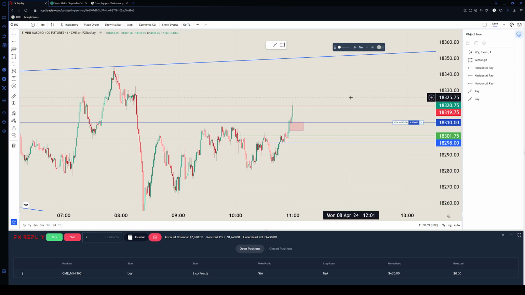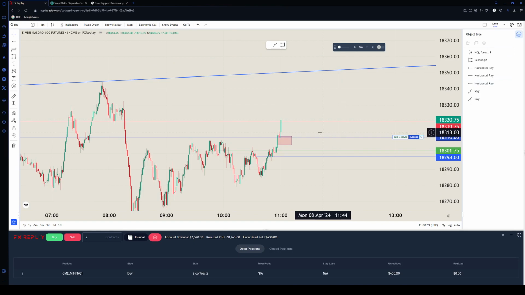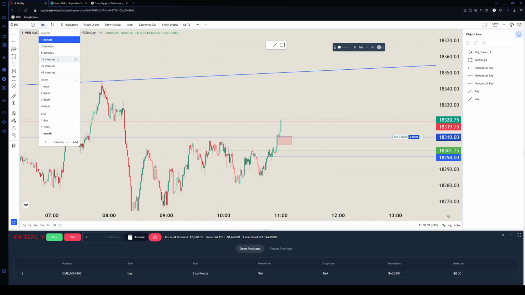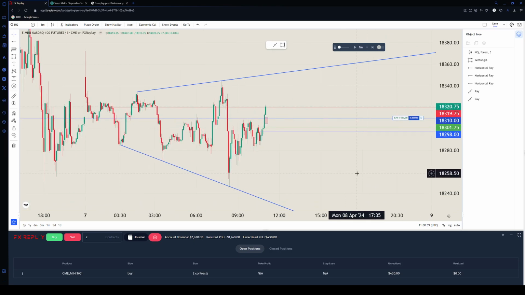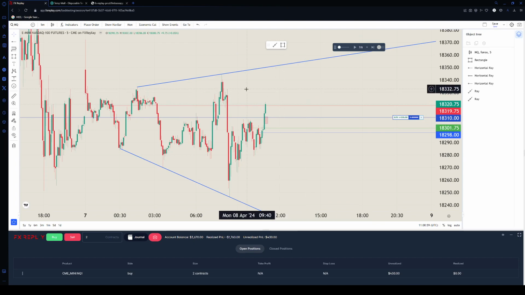There's midnight, so that would have been a nice day trade. But we're not doing our usual day trading, right? We're trying to use the broadening formation for our theses. So we would be targeting the buy side liquidity and this right here specifically. So let's see if it does actually reach it.